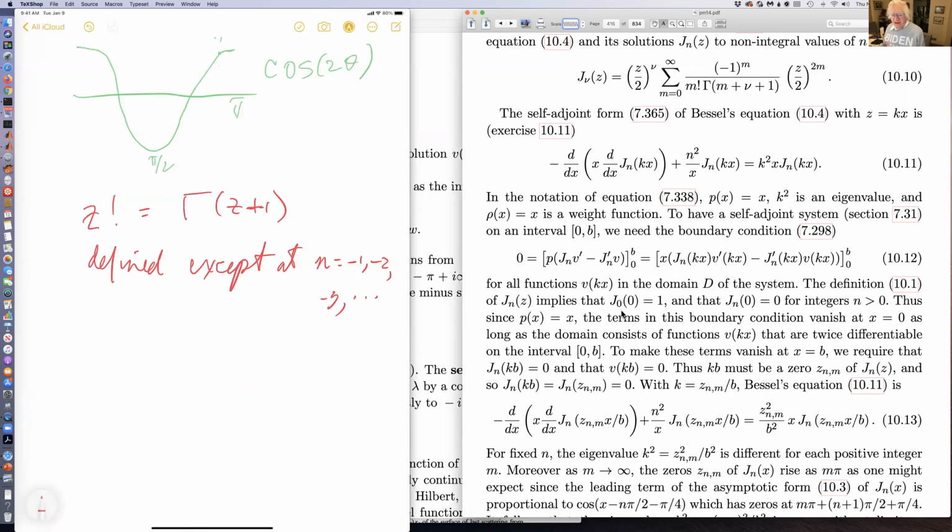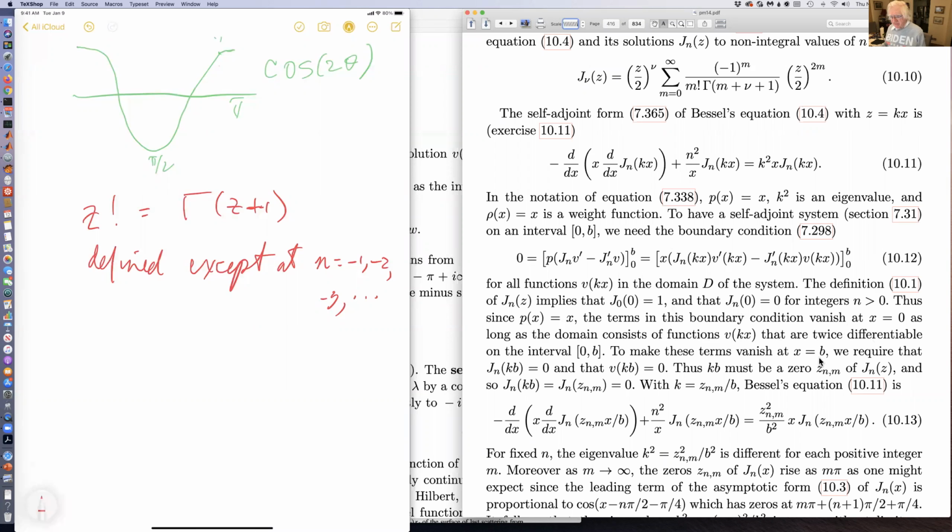We already have that J0 of 0 is 1 and Jn of 0 is 0 for all positive integers. Since p of x is x, the terms in this boundary condition vanish at x equals 0 as long as the functions are in the domain.